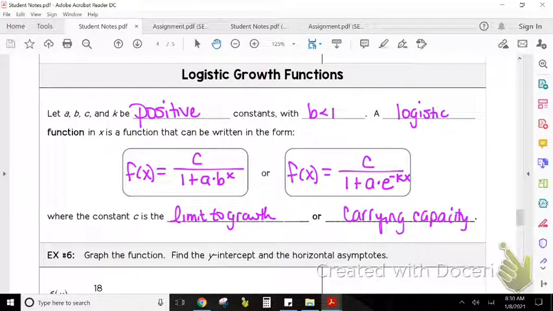So that means we're going to have a horizontal asymptote up at the top of our graph. A logistic function looks like this: you're going to have your asymptote at y equals 0, and a horizontal asymptote up at your limit to growth, your c value, okay? And then your graph is going to come up like this, where it will continue, though, on both ends.